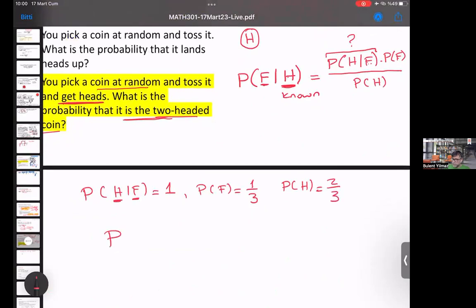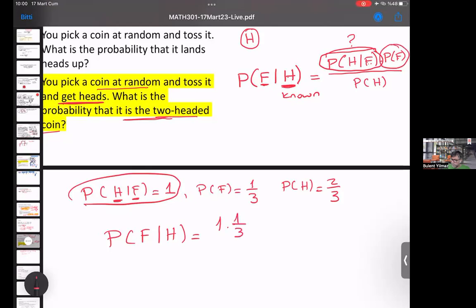And finally, I'm going to write P(F given H) is going to be equal to 1 times 1/3, divided by 2/3, which is going to be equal to 1/3 times 3/2, which is equal to 1/2.